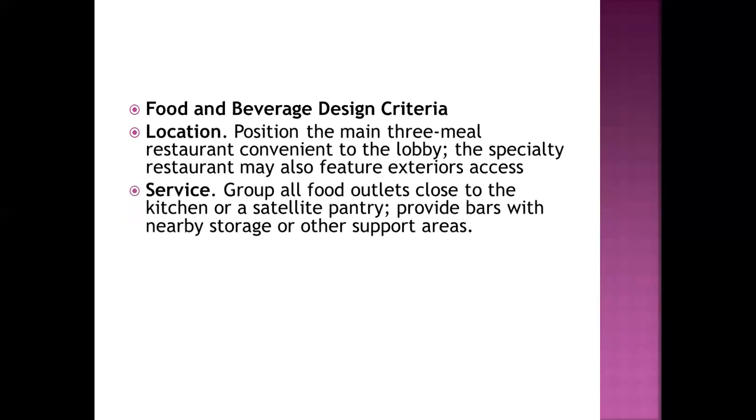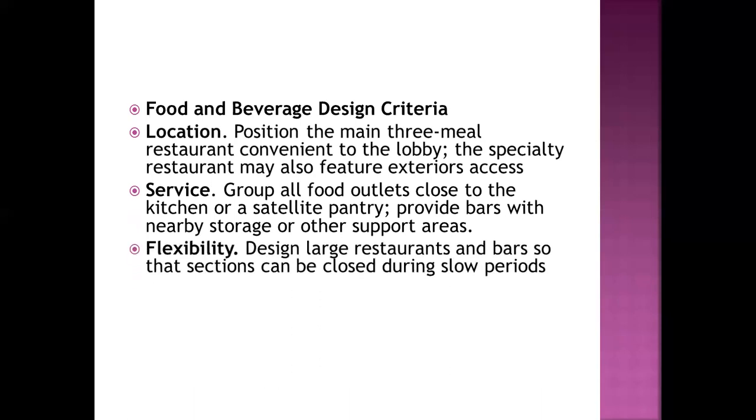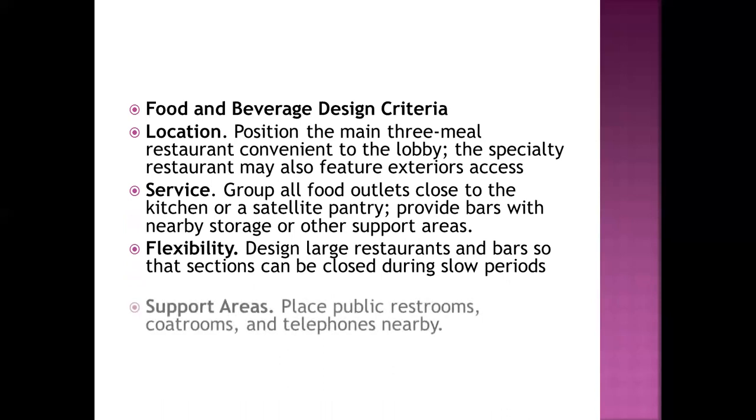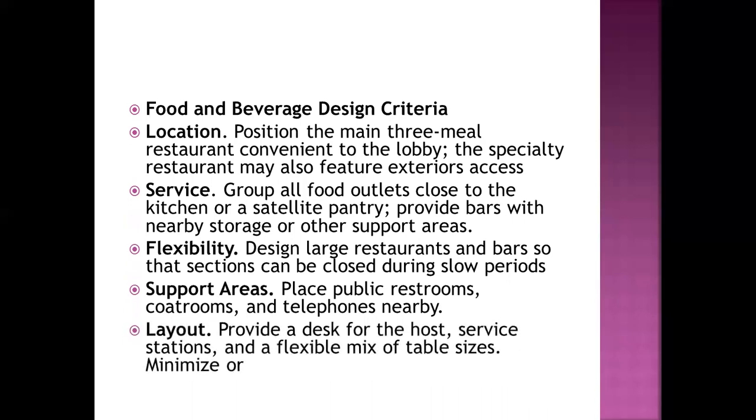For service, group food outlets close to the kitchen or a satellite pantry, and provide bars with nearby storage or other support areas. For flexibility, design large restaurants and bars so that sections can be closed during slow periods. For support areas, place public restrooms, coat rooms, and telephones nearby. And for layout, provide a desk for the host service station and a flexible mix of table sizes. So minimize or eliminate level changes to better accommodate disabled guests as well.